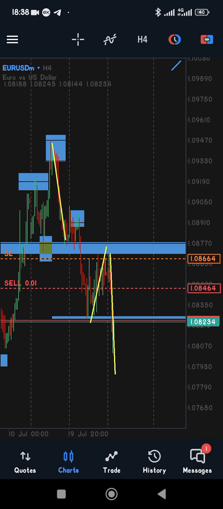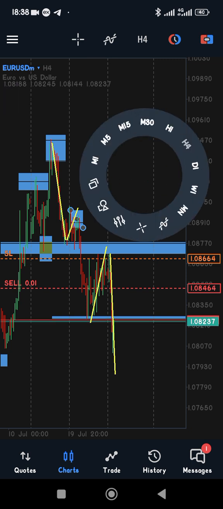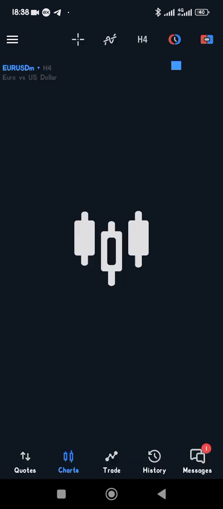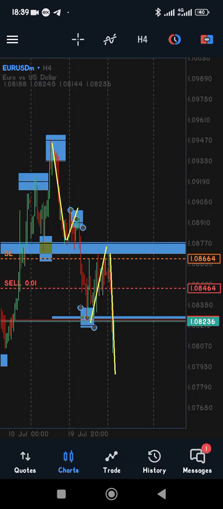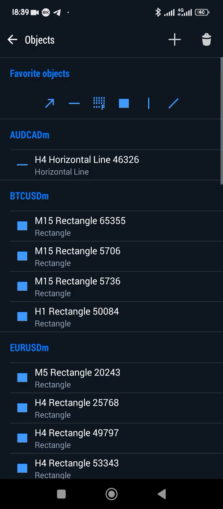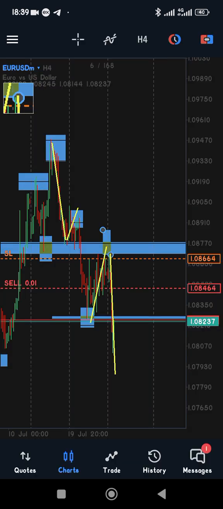Like this. So this is lower high. So when the market is forming higher high, lower high, this is another lower low. This is another lower high. This area here.